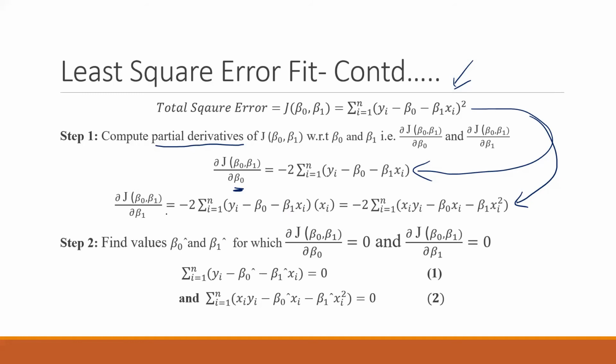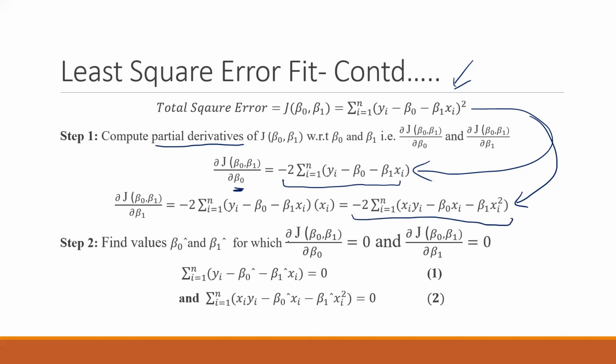Once these two things have been calculated, we have the value of delta J upon delta beta naught, so my equation is this in this case, and in the beta 1 case it is this.